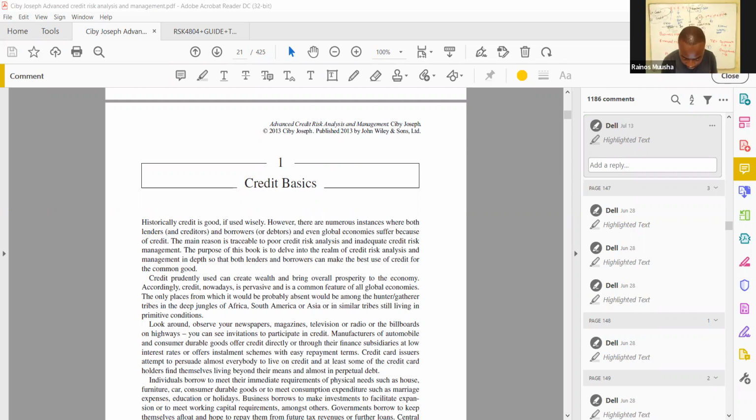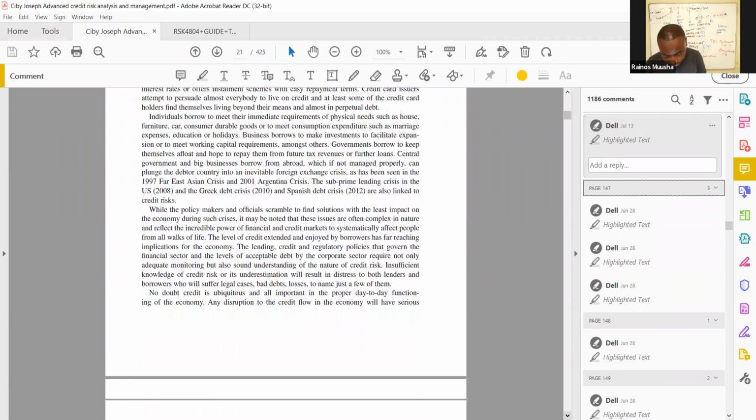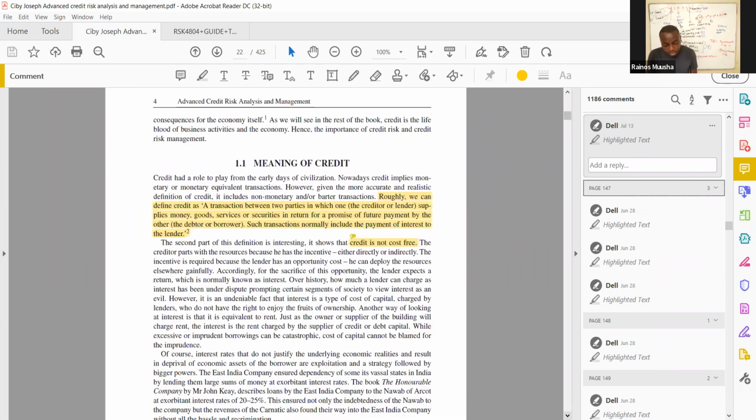And in chapter 1, under credit basics, in section 1.1, we look at the meaning of credit.